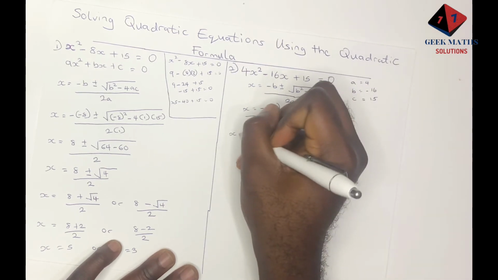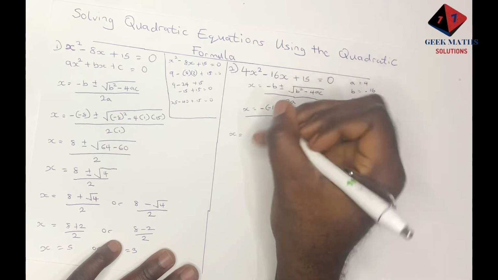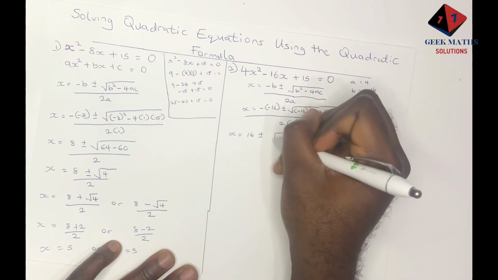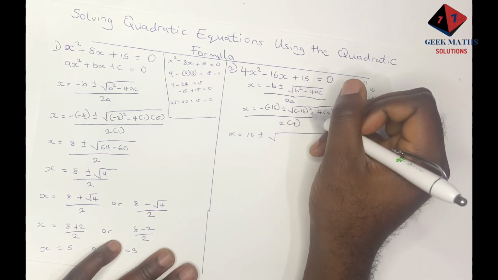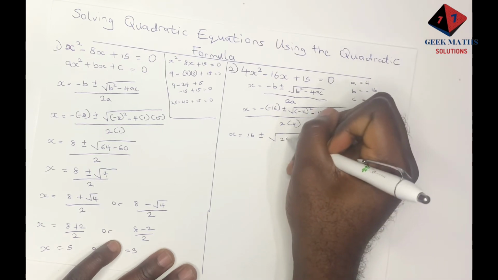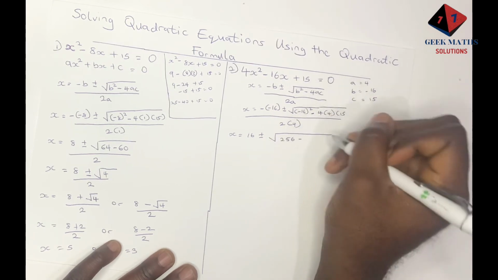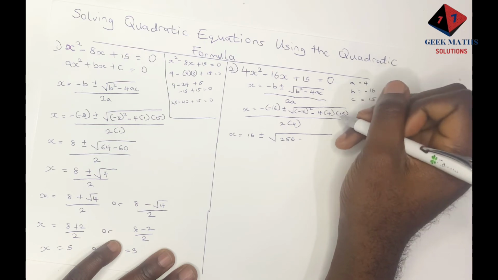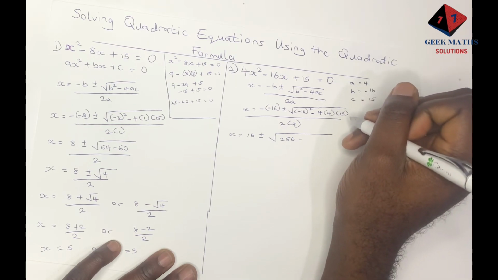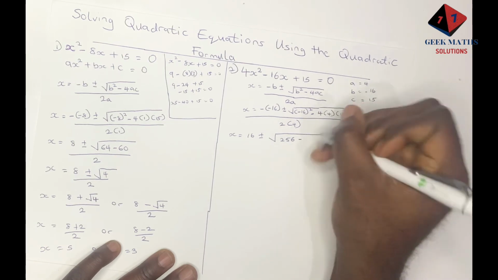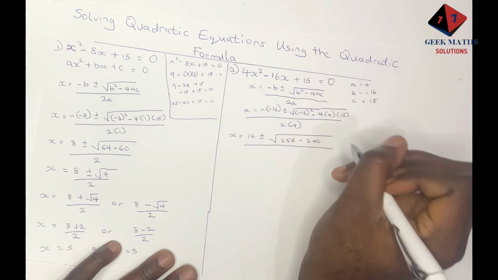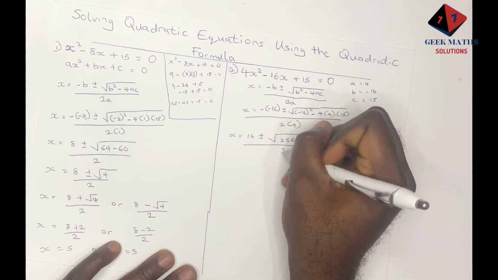So x will be minus minus 16 is 16, plus or minus the square root of minus 16 squared is 256, minus 4 times 4 is 16, and 16 times 15 is 240, all over 2 times 4 is 8.